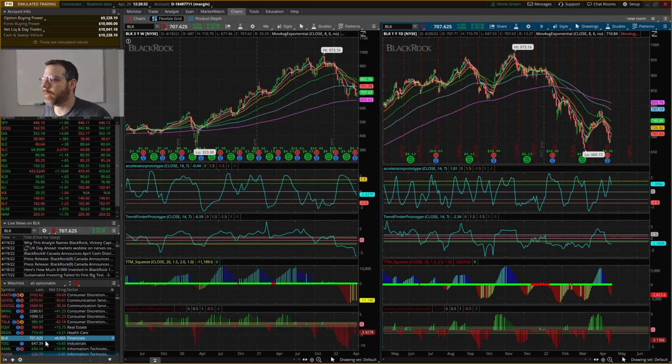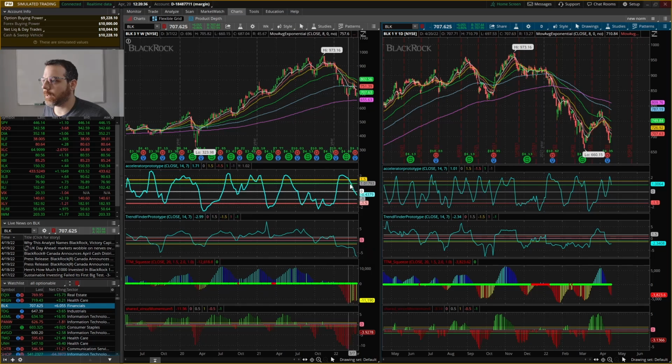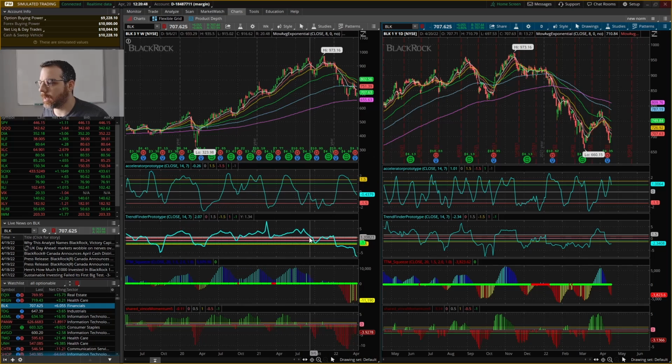Just to reiterate, what we're looking for is when this weekly chart, this blue line on this weekly, is below this gray line for the last candle, and then is up above the gray line on this candle. And for this indicator, we're looking at whether it's above or below 0.